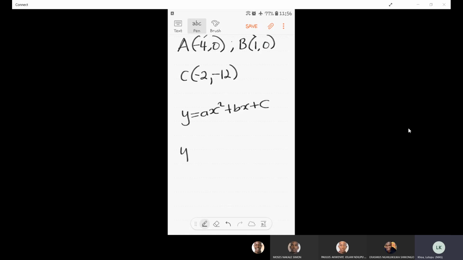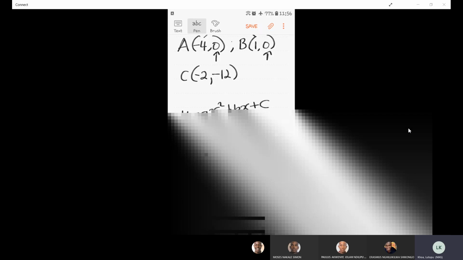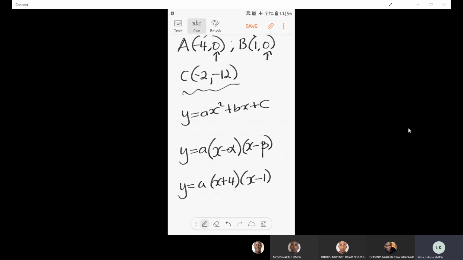So here I know that my roots are -4 and 1. So I have y is equal to a (x minus alpha)(x minus beta), because I know what the roots are. The roots are when y is equal to 0. So here when I rewrite it, I have y is equal to a (x minus -4), which is (x plus 4), and then (x minus 1). And then this point here lies on the line, so that means it must satisfy the equation.